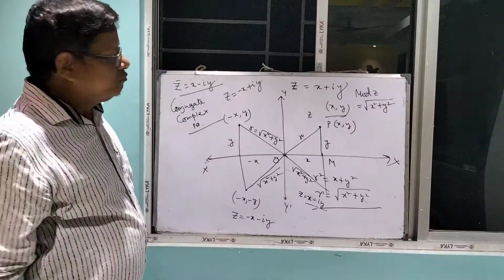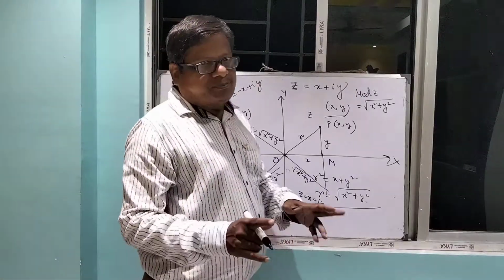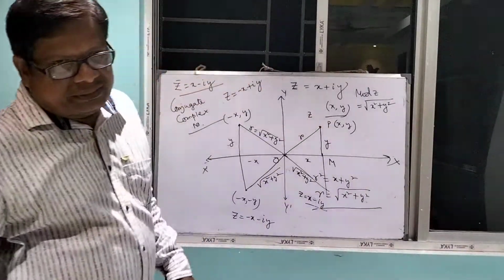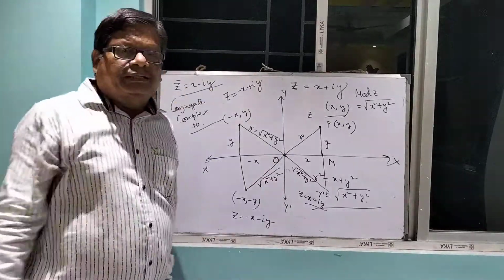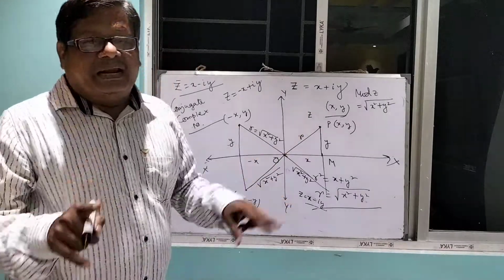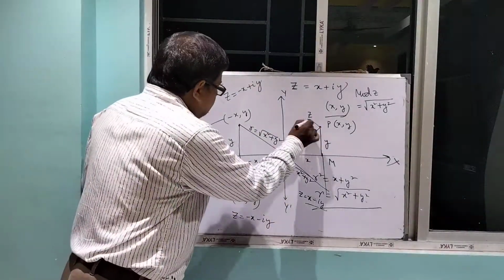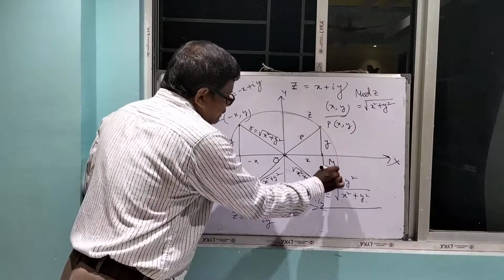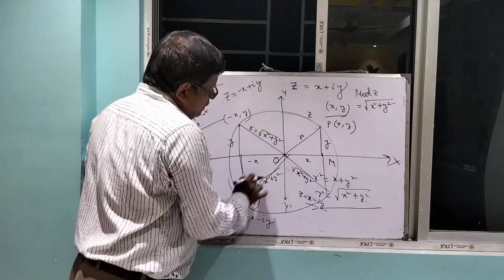Now, if we draw a curve, what is the locus of the point? In the complex plane, the point P, that is the complex number Z, lies on a circle. If you draw it like that, the curve is a circle.